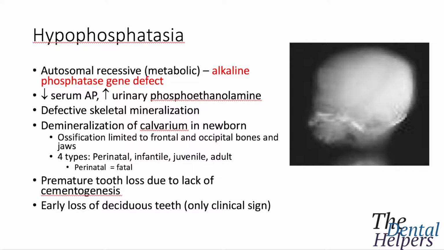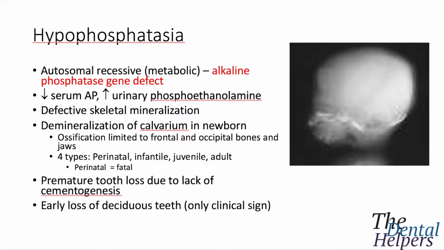Hypophosphatasia, it's autosomal recessive. This is going to be related to the alkaline phosphatase gene defect. It means that you're going to have decreased serum alkaline phosphatase, which means you're going to have increased urine phosphoethanolamine.